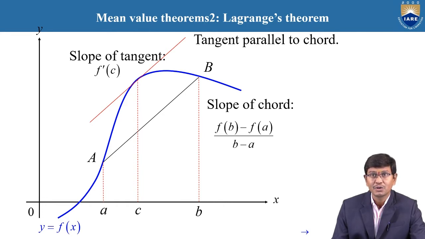While observing, the tangent is parallel to the chord of the function. Therefore, it is clearly understood that the graph of the function f is continuous and differentiable, and c lies in between a comma b, with the help of the slope of the tangent.